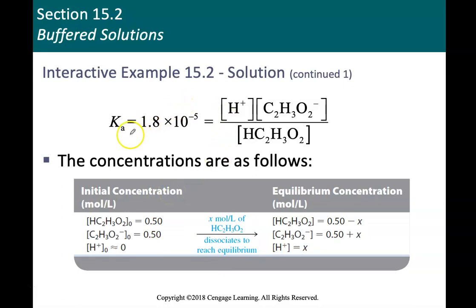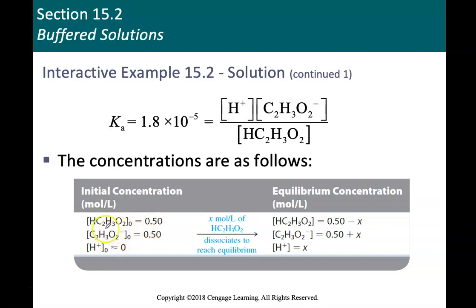Ka is 1.8 times 10 to the power minus 5, and that is equal to the concentration of H plus times acetate, divided by the molecular acid. Here are the initial conditions. The acetic acid is 0.5 molar, we're given that.